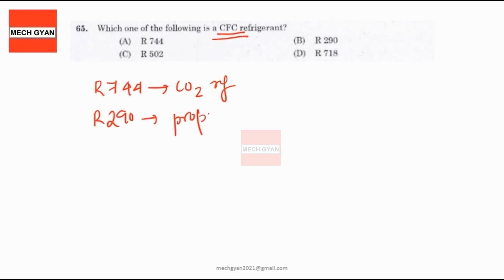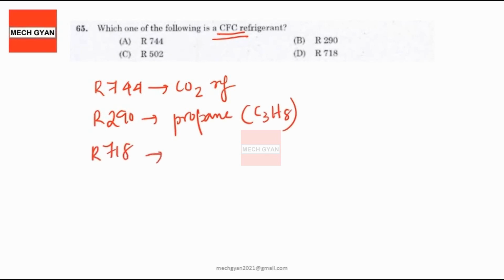Next question. Which of the following is a CFC refrigerant? CFC is chlorofluorocarbon refrigerant. Now let's go through the options. Option A is R744. R744 is carbon dioxide refrigerant. Now R290, option B, is basically propane, which is C3H8 refrigerant.